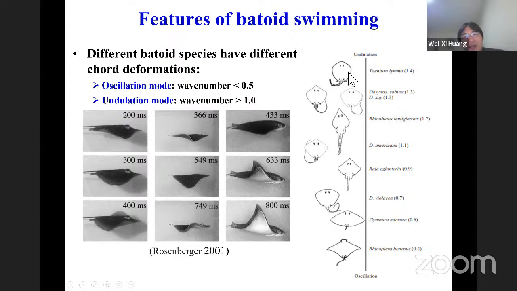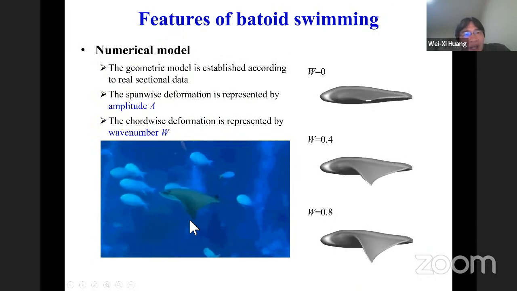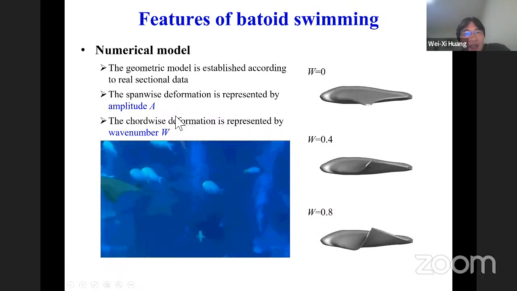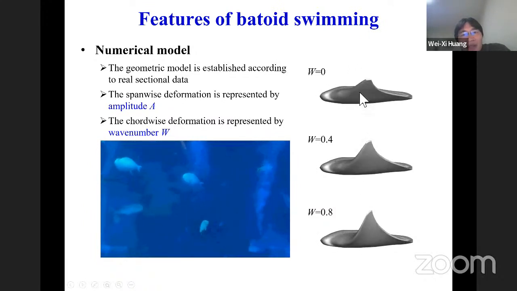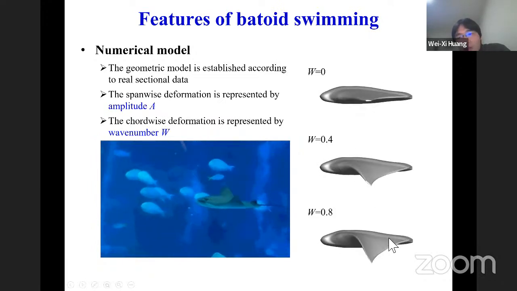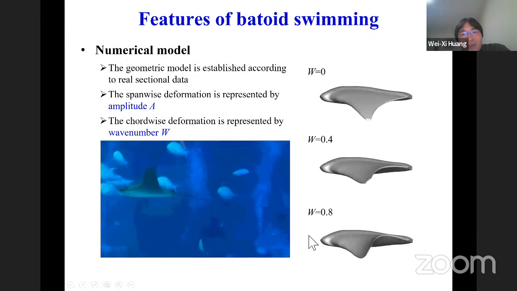This one is propelled by the moving traveling wave. Okay, so here we build a model from the real sectional data, and the spanwise deformation is represented by the amplitude, and the chordwise deformation can be represented by the wave number.